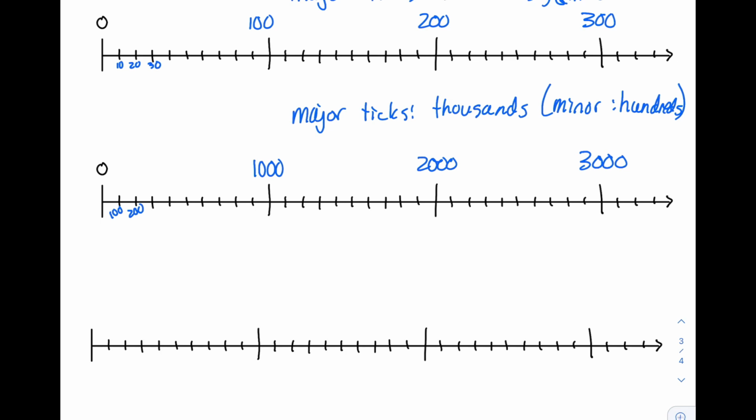Sometimes people get confused and they'll try to do a base 10 number line, something like this. And they think, well, I'm counting by tens, and indeed they are counting by tens, but if we were to extend this number line back to the left, we wouldn't get to a major tick of 0. So we're starting at 0, and then we're counting by tens, hundreds, thousands, or whatever place we want.